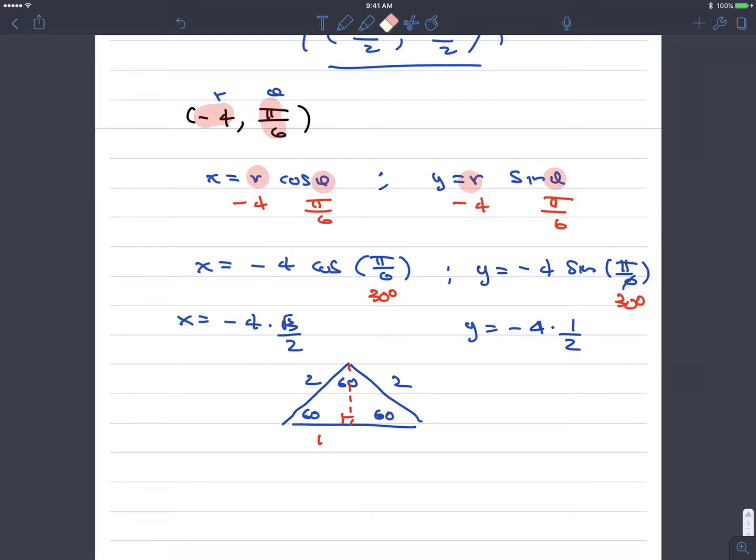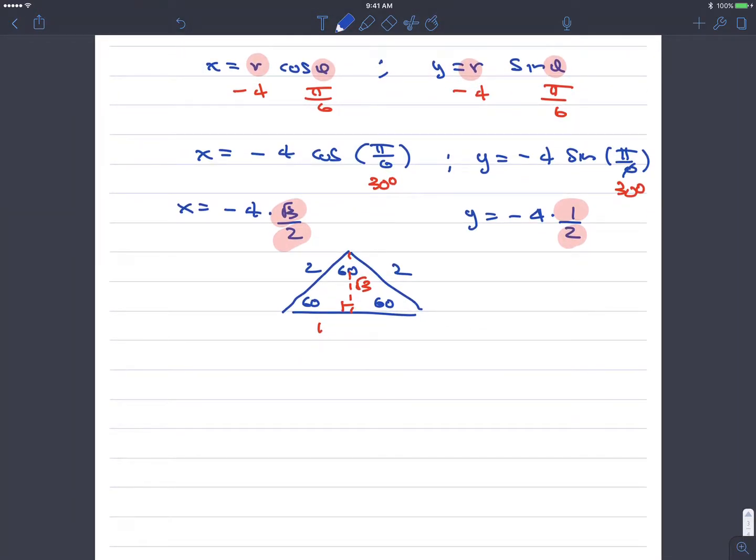What's the definition of cosine here? Adjacent over hypotenuse. So that looks like it should be square root of 3 over 2. Okay, good. What's the definition of sine? Opposite over hypotenuse. All right, you guys are okay. Just double checking.